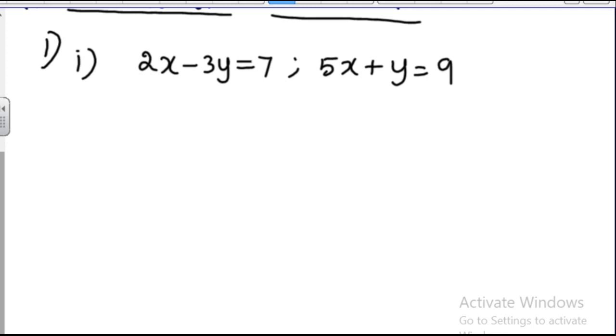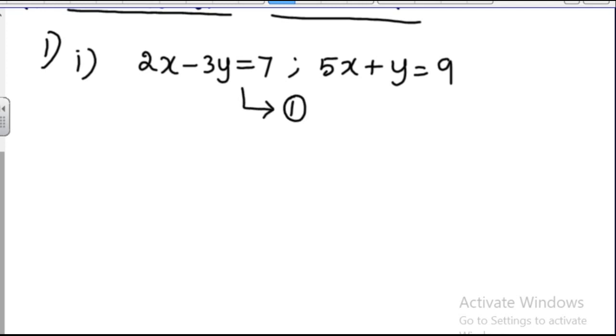So we are going to convert, here we have two variables, and we are going to change it into one variable. அதை எப்படி மாத்தலாம் அப்படினா, first we should choose any one equation. In that we are going to choose any one variable.